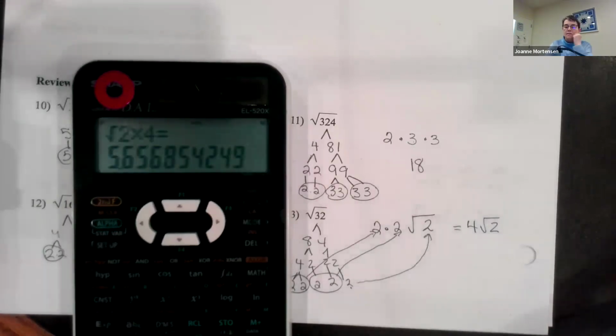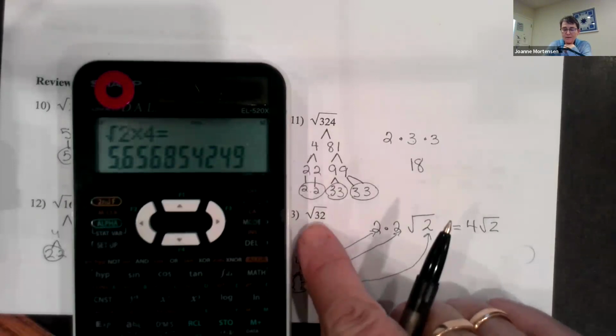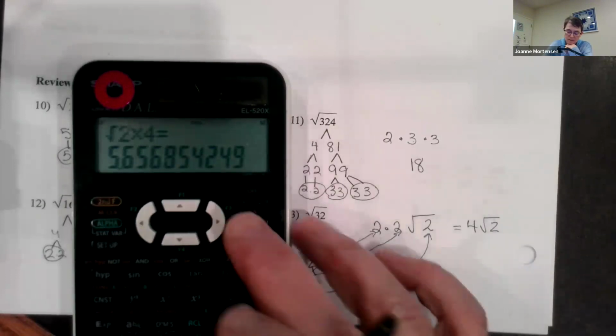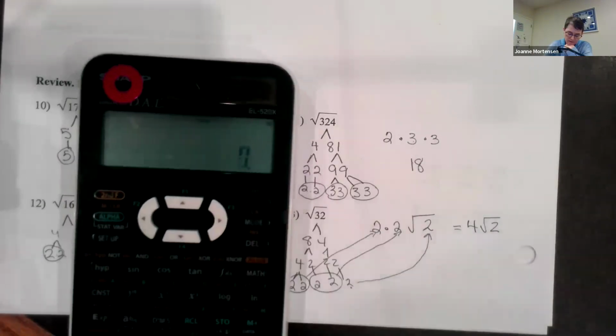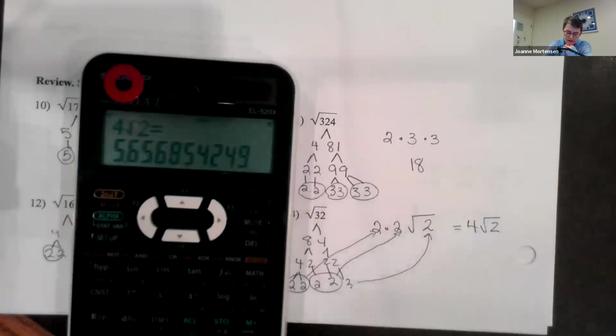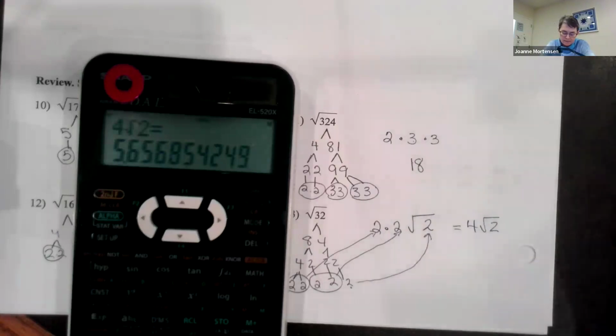I get exactly the same number. So I can check that this is what I'm supposed to have because they both have the same decimal thing. Oh, they even allowed me to just do it in order like that.